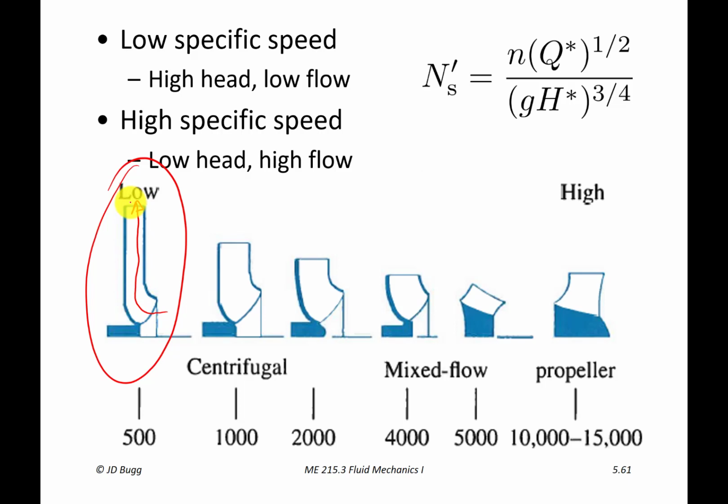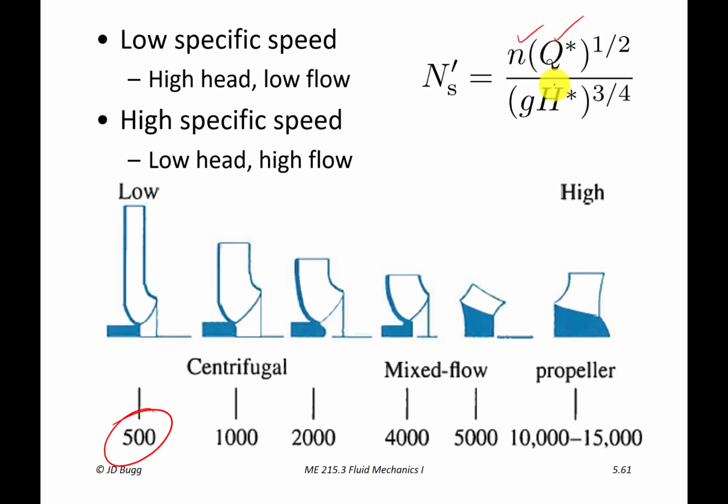So that's a centrifugal pump, and it's labeled as such here. That particular impeller design has a specific speed of 500, and it turns out that's a relatively low specific speed. So if you had an application and you knew the Q and the N and the H, and you put it in there and you turn the crank and you got 500 out as your number, that would tell you you should be selecting a centrifugal pump with an impeller that looks sort of like that.